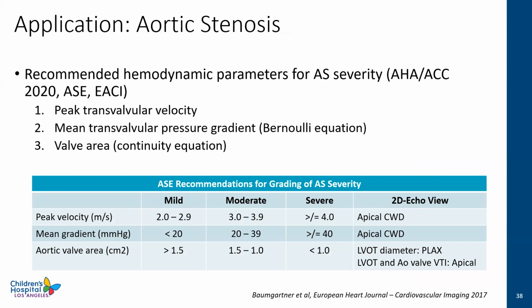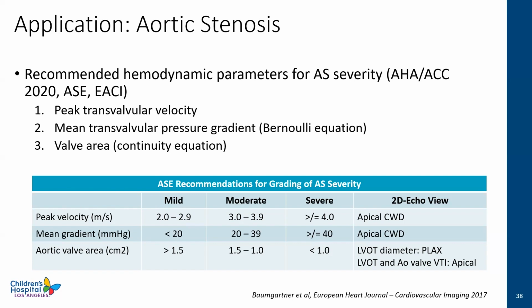So applying this to aortic stenosis, there have been guidelines put out by the major cardiology groups and the American and European cardiac imaging groups to recommend what hemodynamic parameters we use for aortic stenosis.